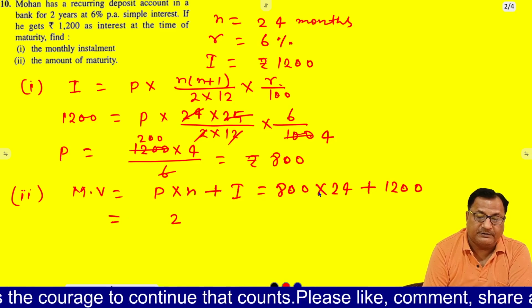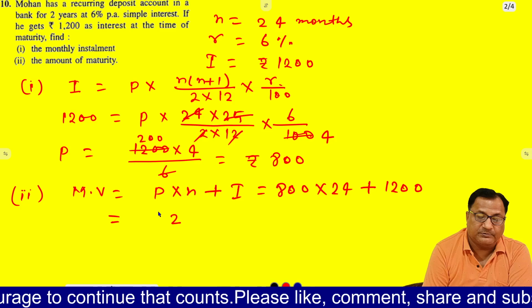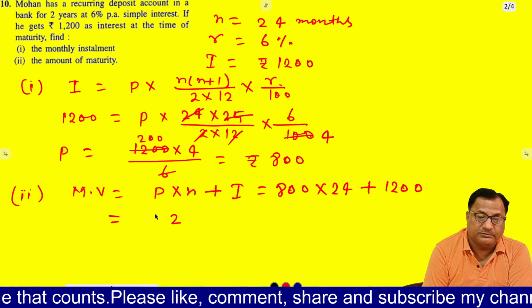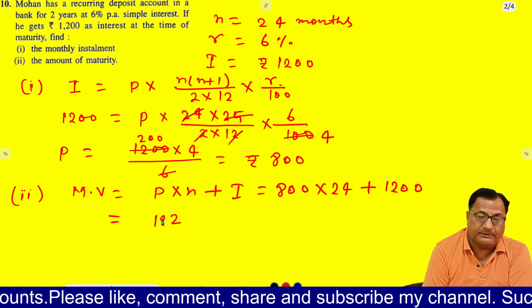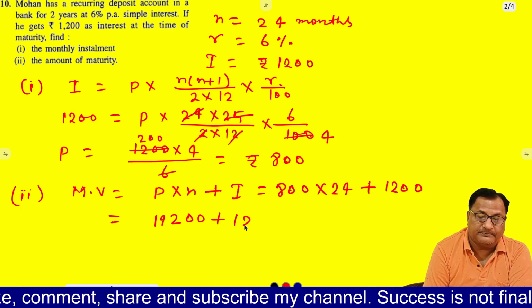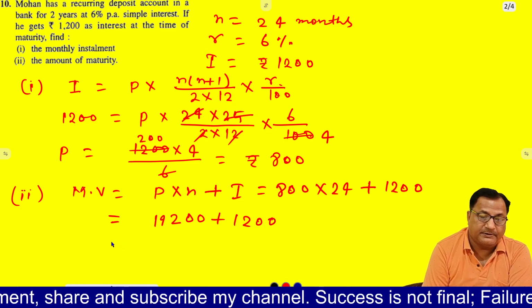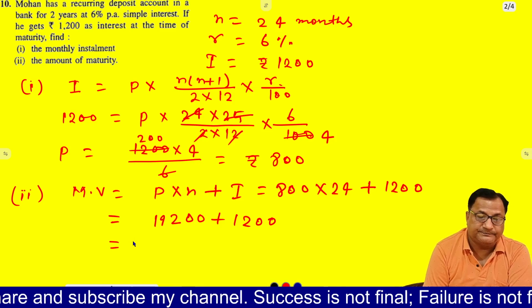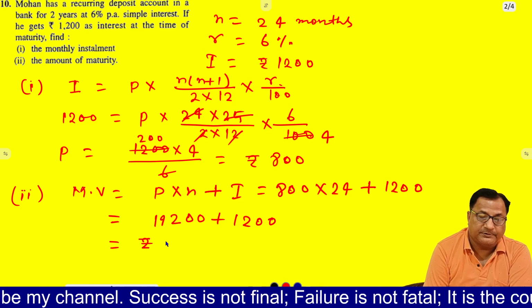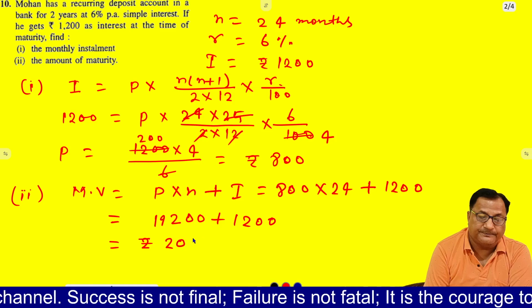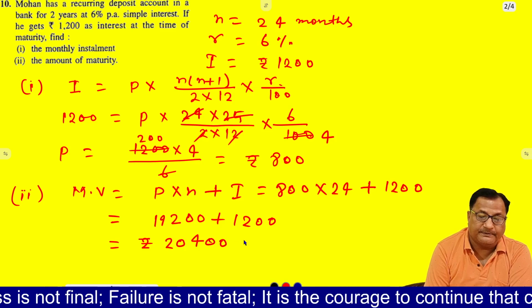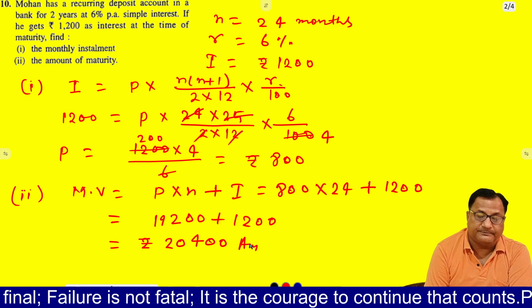If we multiply this plus 1,200 and add, so rupees 2,400. This is the answer.